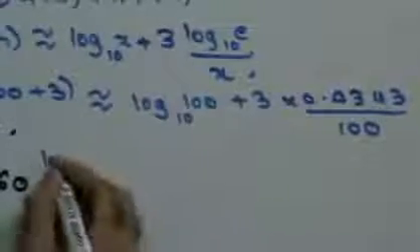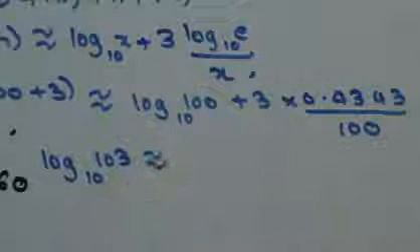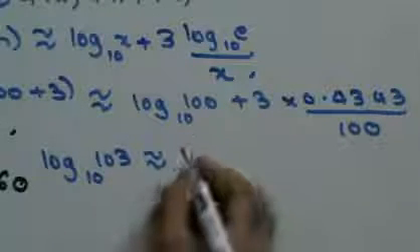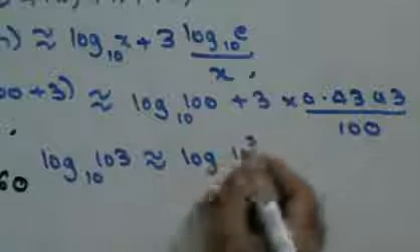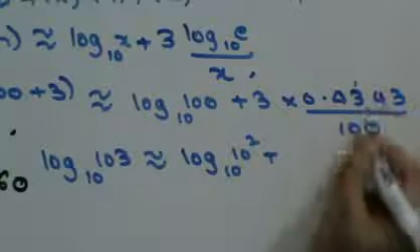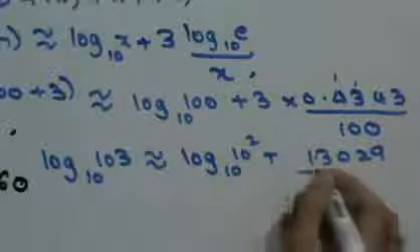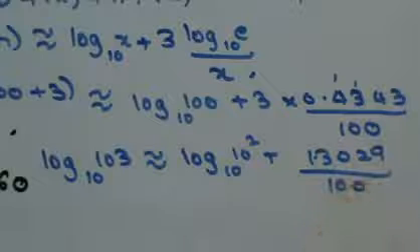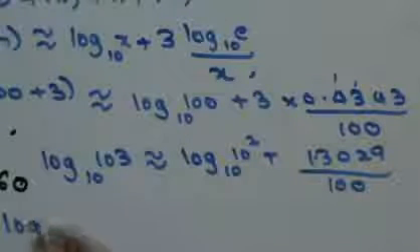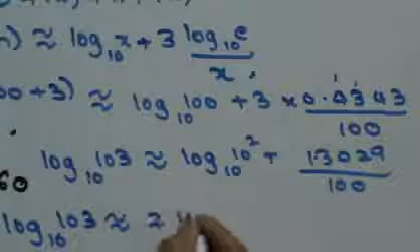So you will get log 103 to the base 10 is approximately equal to log 10 square to the base 10 plus 3 4s are 12... 3 3s are 9, 4 3s are 12 upon 100.